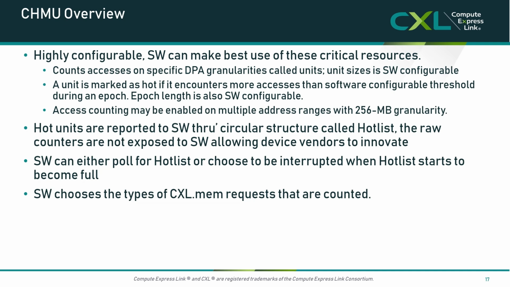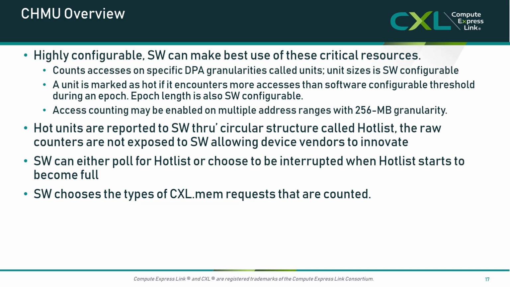Software can, let's say, configure the device to say if we get more than 50 accesses during 100 milliseconds, or 1 second, that's how I define a hot page, and the device will follow that. And again, these things can be changed by software as part of the tuning, because different workloads and different environments may need different granularity and different epoch lengths.